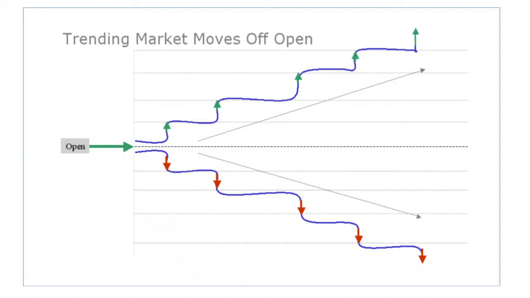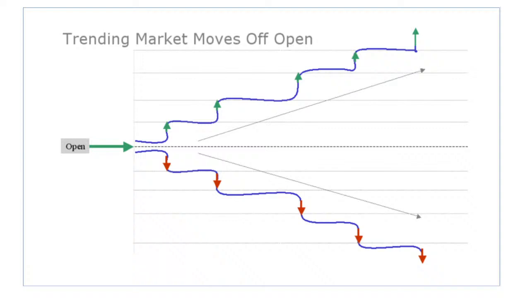The first concept that we want to get across here is that when the market trends, it usually trends right off the open. And we typically get, on a good, strong trending day throughout the entire session, you'll see kind of a stair stepping motion.